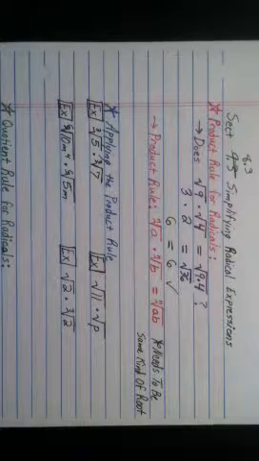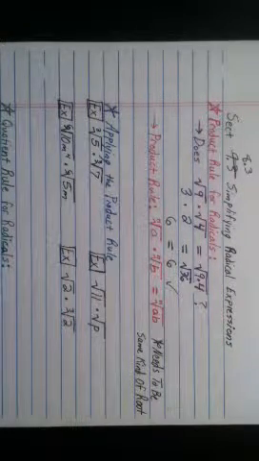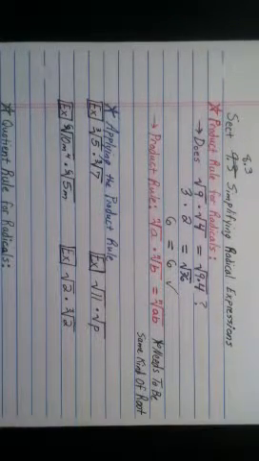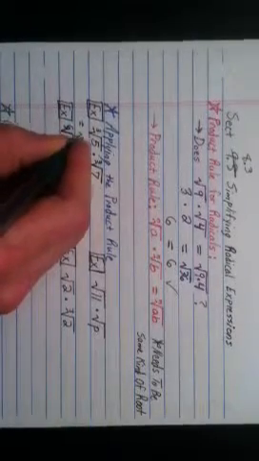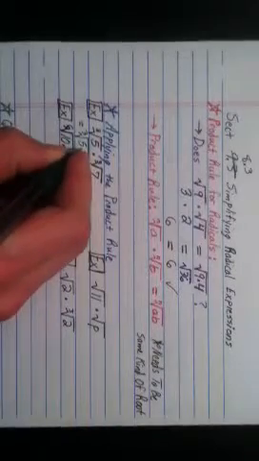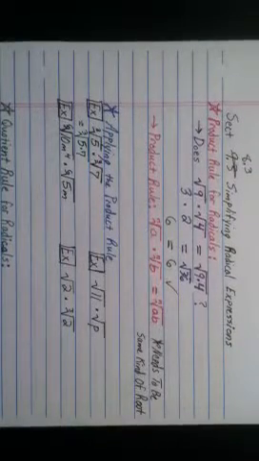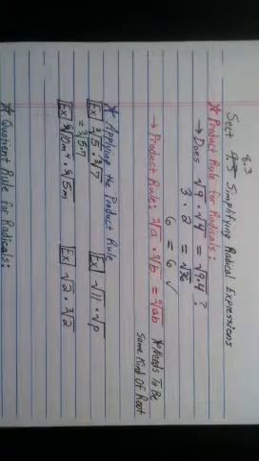So applying the product rule here, we have the cube root of 5 times the cube root of 7. Because those are both cube roots, we can go ahead and combine them into one single root. This is going to equal the cube root of 5 times 7. You can't cube root 5 and you can't cube root 7 because neither of them has a number that cubed would get you 5 or 7.